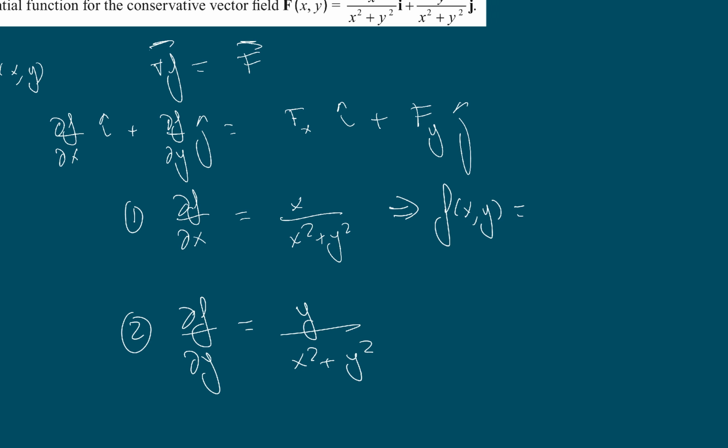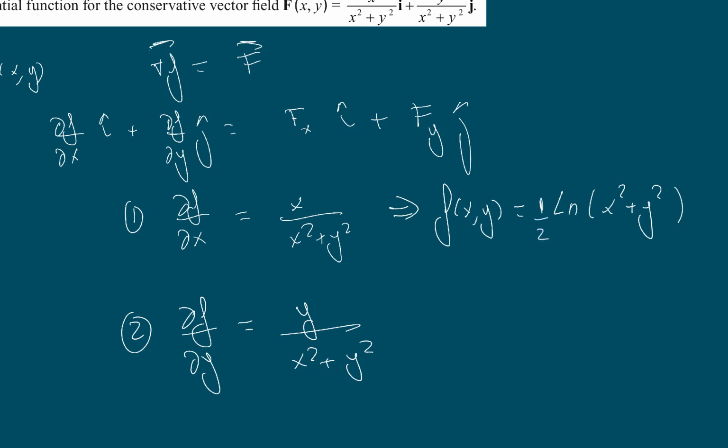You see here I have the derivative of the denominator, so a natural log will work. So natural log of x squared plus y squared, if I take the partial derivative with respect to x, will be 1 divided by the function, multiplied by the derivative of the function, which will produce a 2x.